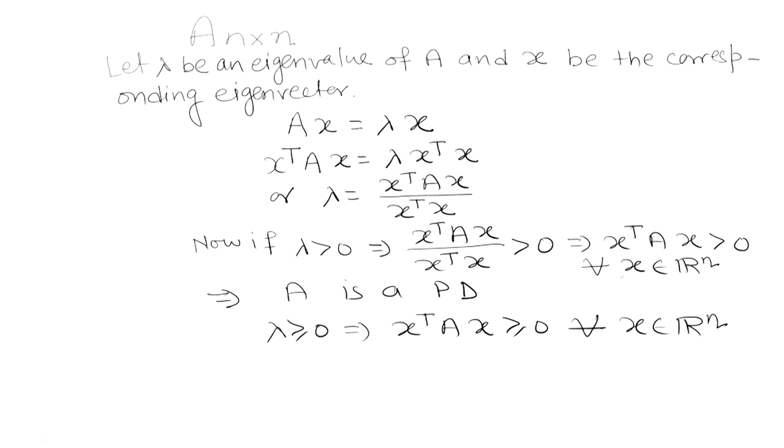And please note here x is an eigenvector, so it will be a non-zero vector. In this way we can prove that if all the eigenvalues of a matrix are positive, then the matrix is positive definite. If all the eigenvalues of a matrix are non-negative, then the matrix is positive semi-definite.